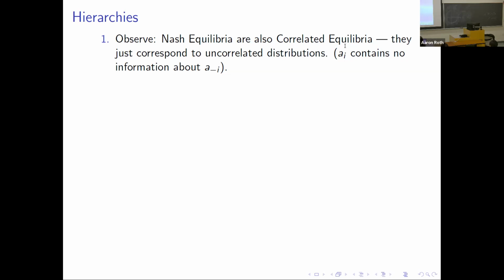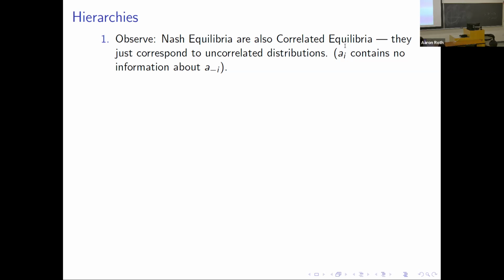So one thing I want to note is that this is a generalization, just as pure strategy Nash equilibria generalized dominant strategy equilibria, and mixed strategy Nash equilibria generalized pure strategy Nash equilibria, correlated equilibria generalize Nash equilibria.